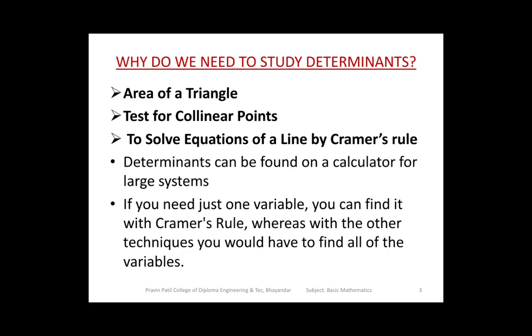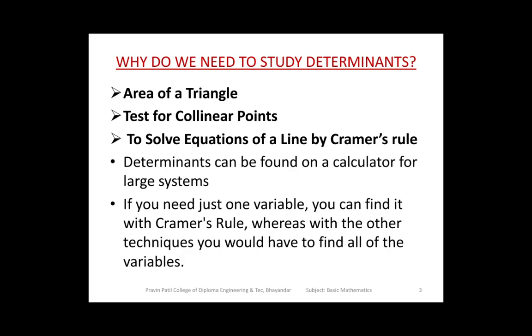Now, when we are using Cramer's rule to determine the solution, determinants can be found on a calculator for large systems. If there are many variables, determinants can be found on a calculator very easily.